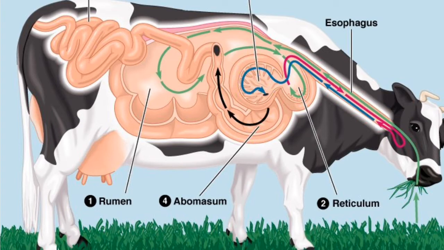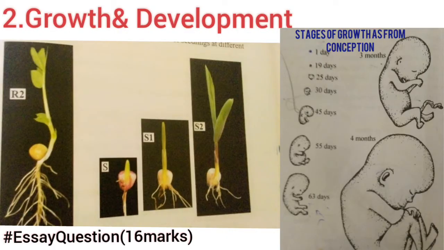Let us look at another characteristic that is seen in living things that distinguishes them from non-living things. And characteristic number 2 is growth and development.